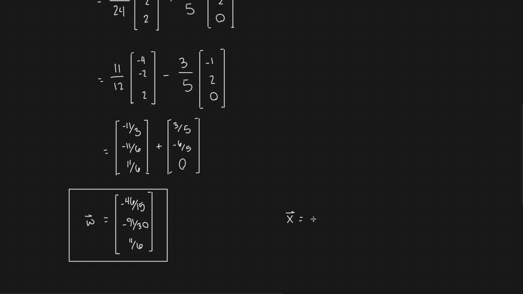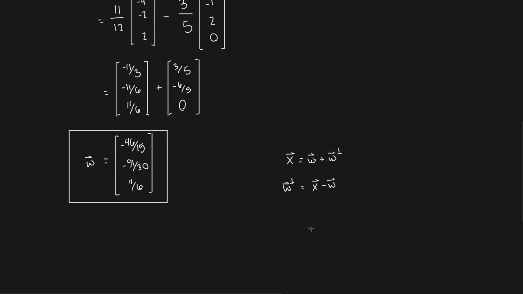Remember, we want x to be equal to vector w plus w perp. So that means vector w perp is going to be vector x minus vector w. I know vector x and I just found vector w, so I can find w perp.